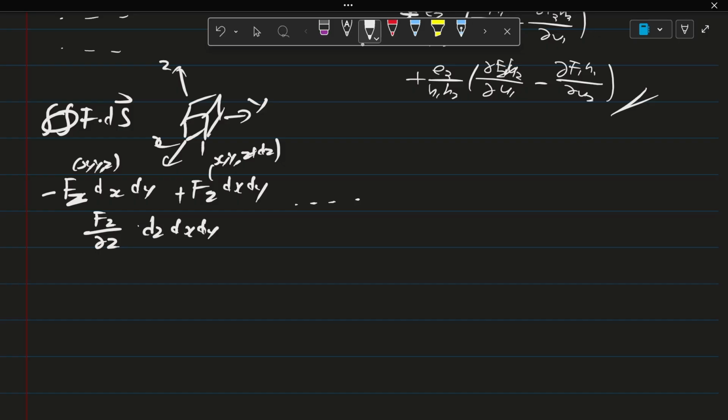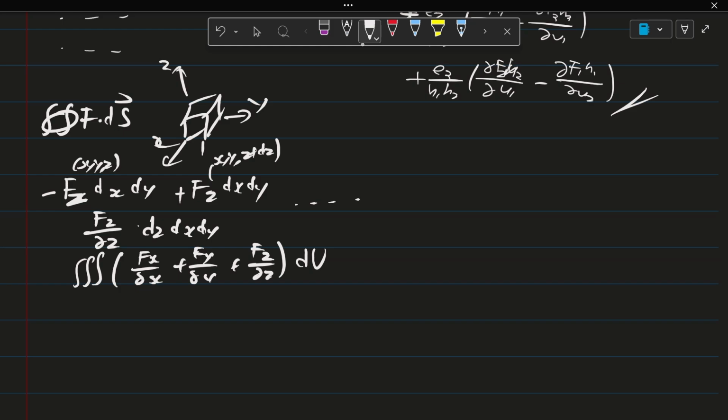And so this is something that you get for every single component. So it's simply written as partial fx over partial x plus partial fy over partial y plus partial fz over partial z of the dv, and then you take the triple integral, because technically in here there's a double integral, and then you introduce a new integral here.